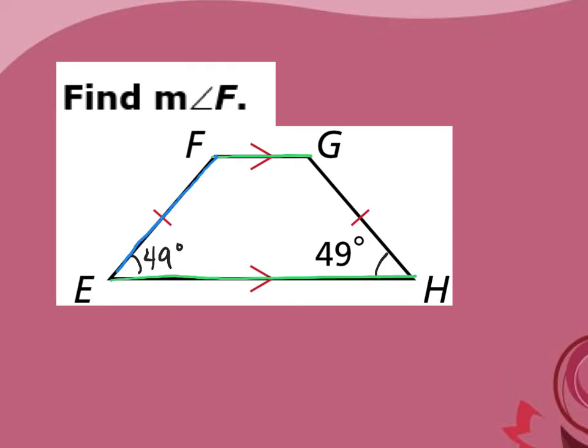One of them is not better than the other. She wants to do it as same side interior angles, or consecutive interior angles. Nothing wrong with that. We know that they're supplementary because they're parallel. So we would subtract 49 from 180, and we come up with 139. How much? I just couldn't hear you.